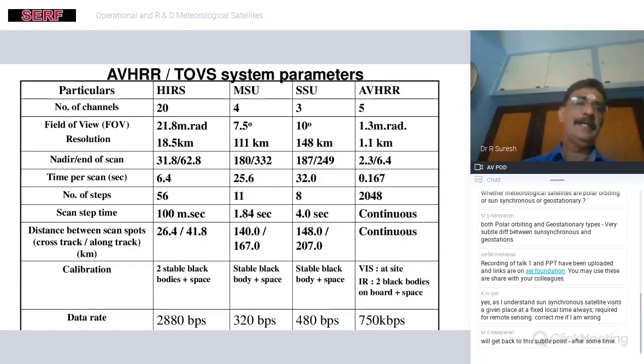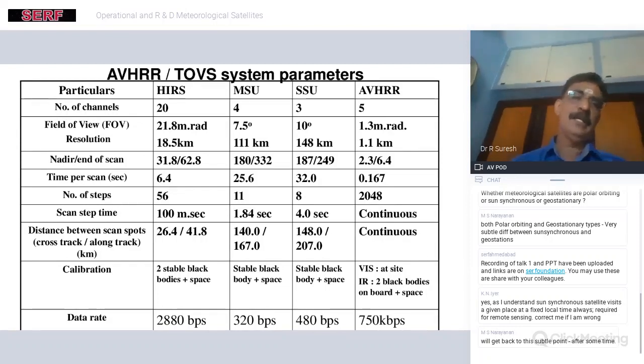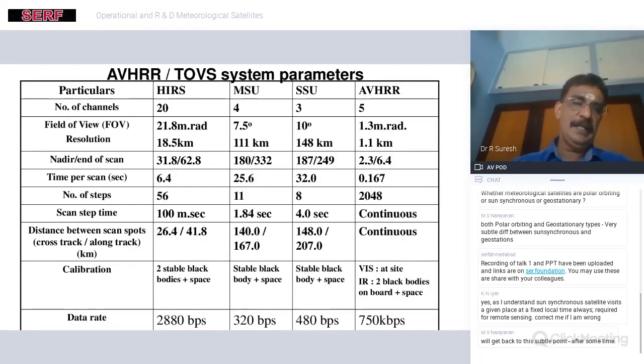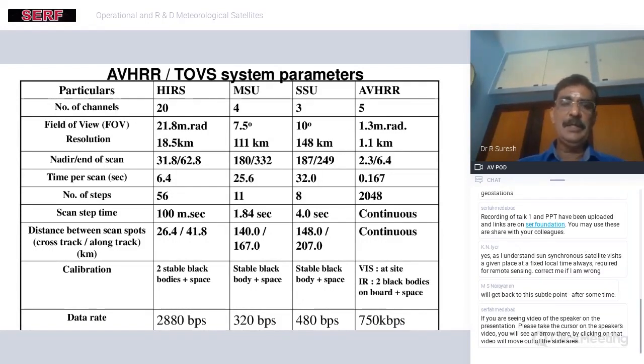The technical details of the AVHRR and TOVS system components have been listed over here. Field of view is nothing but the resolution. The image resolution is far finer than this, that is 1.3 milliradian, which corresponds to 1.1 kilometer.